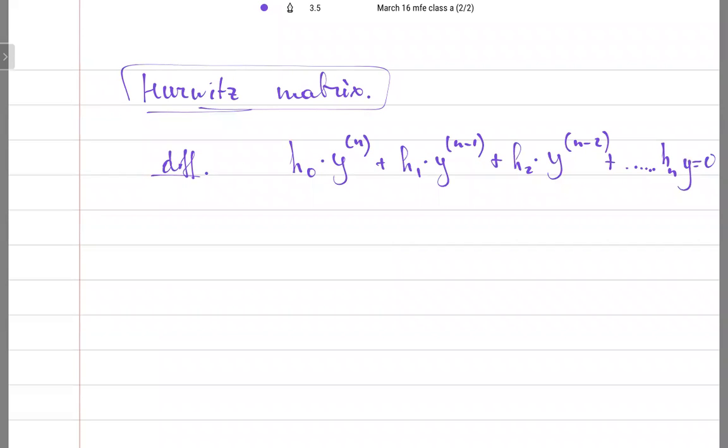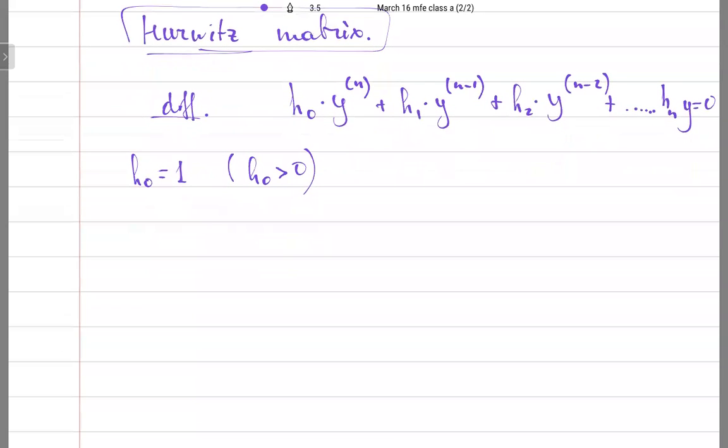We have a differential equation like that. Let's imagine that H0 is positive. We may always make it equal to 1 just by dividing by H0.